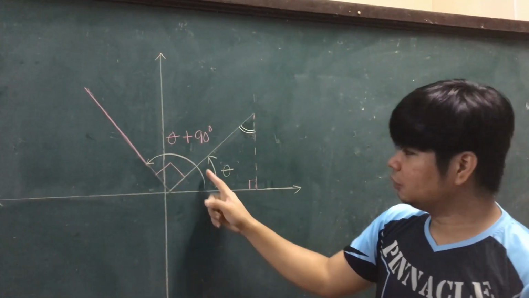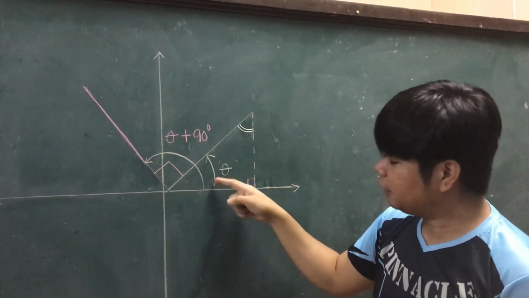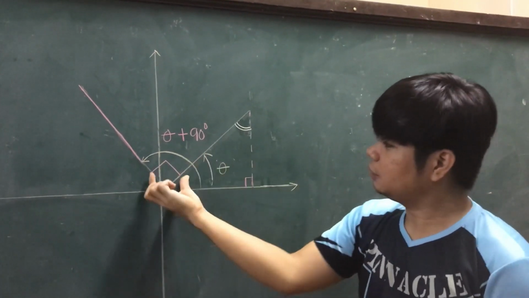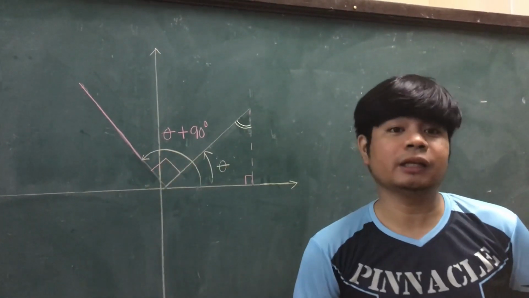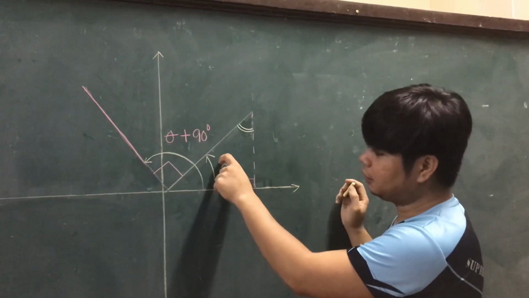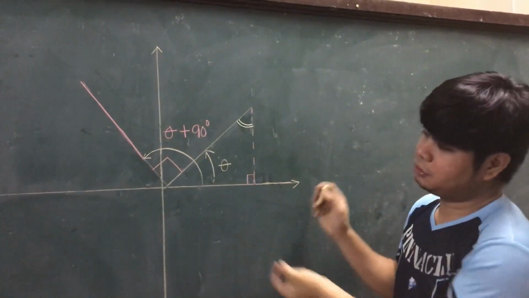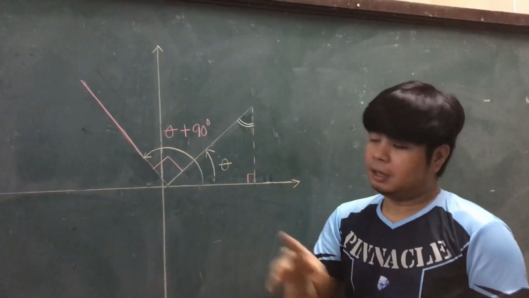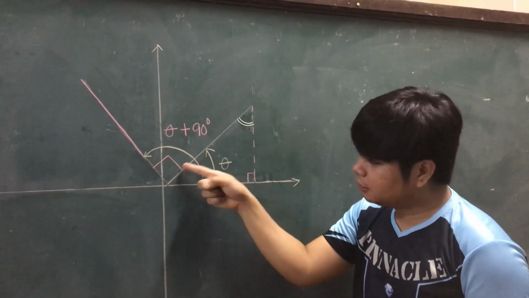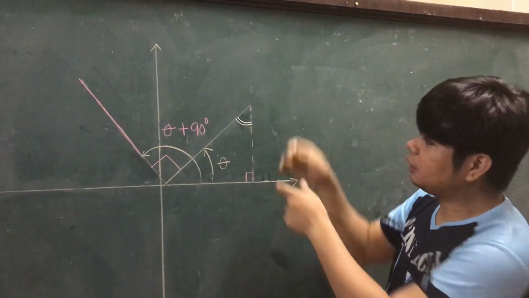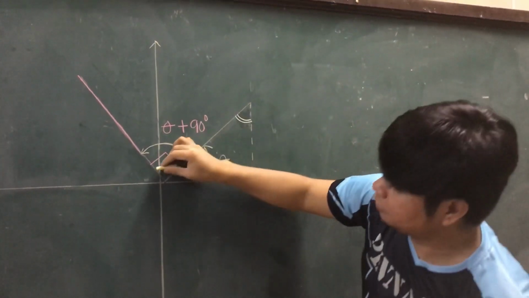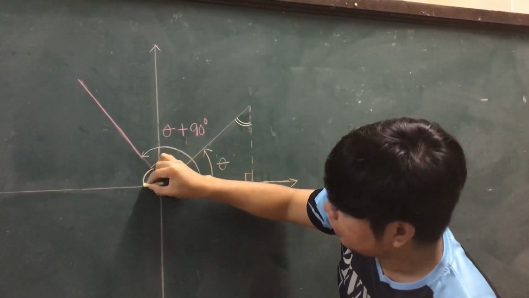It also follows the rule of supplementary angles, that when you add angles, this 90 plus this part will give you 180 degrees. Now, if this is theta, and this is 90 degrees, we'll also picture out the same illustration here, 90 degrees and theta. So it means to say, the angle here is also equal to this angle.